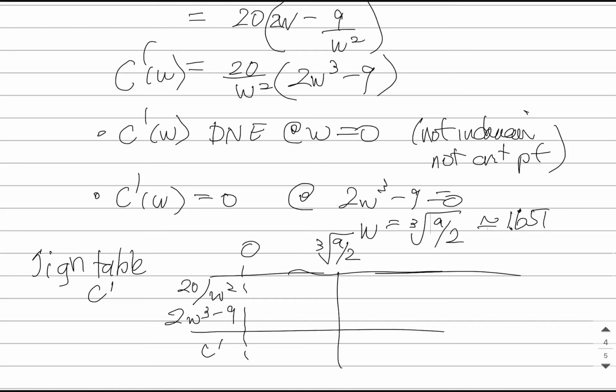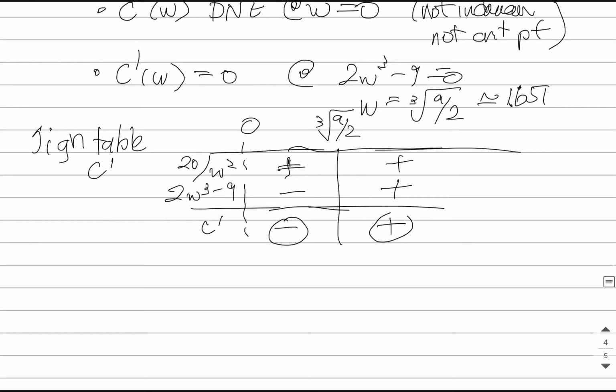This is always positive. It's irrelevant what's going on with the 20. This other factor will be negative until I cross that critical point, at which point afterward it will be positive. So you can think of a number like a billion. So the first derivative is negative going into positive.